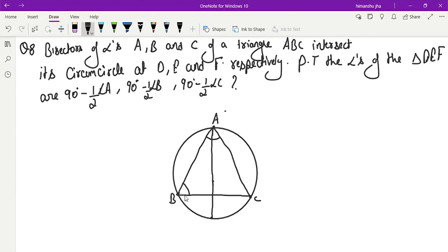Now this is D point. Angle bisector of B gives E point. Angle bisector of C gives F point.